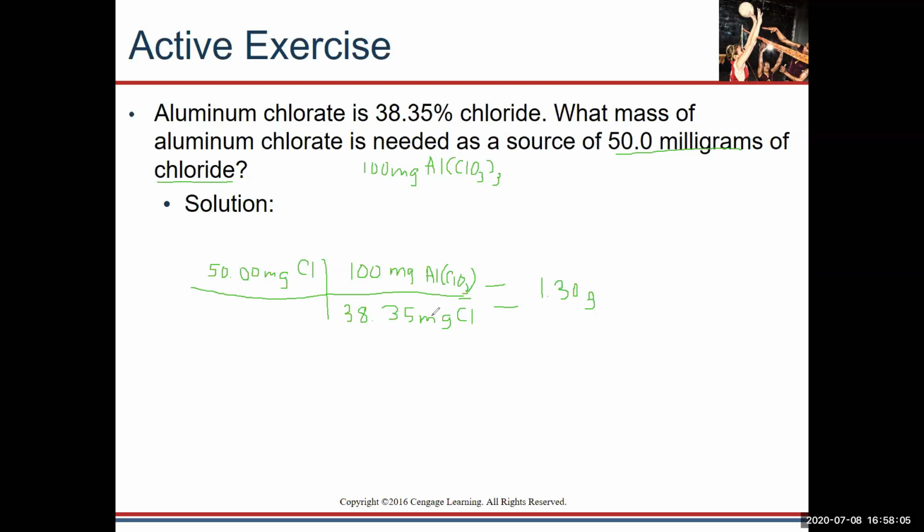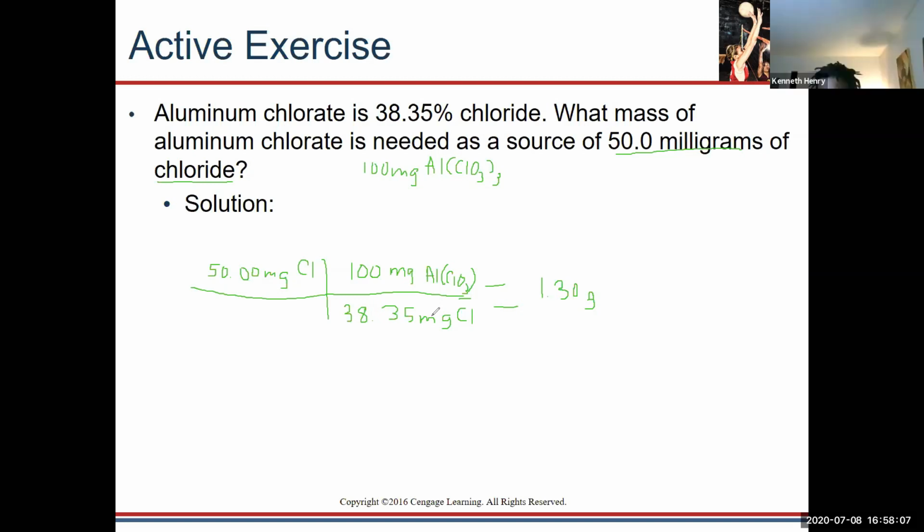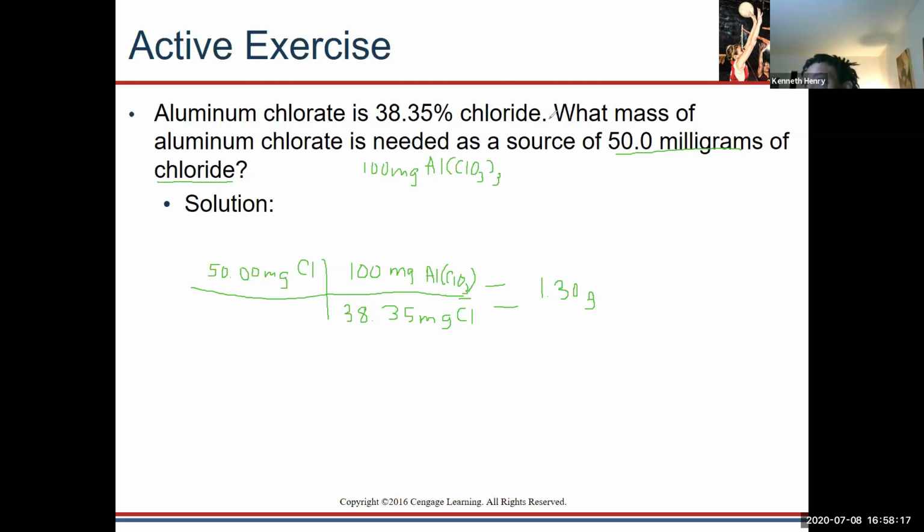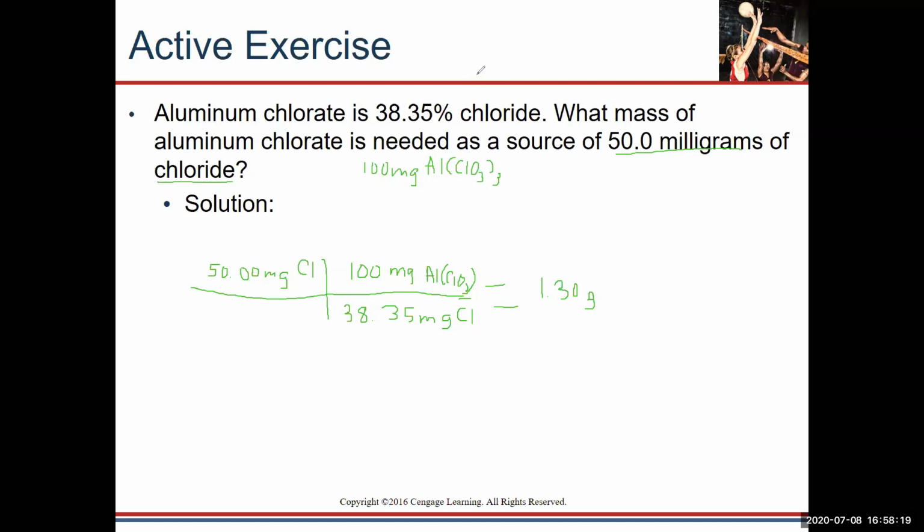I got 1.0. 50 times 100 divided by 38. Dr. Henry? So we're not using the 3.5 when we're calculating it?